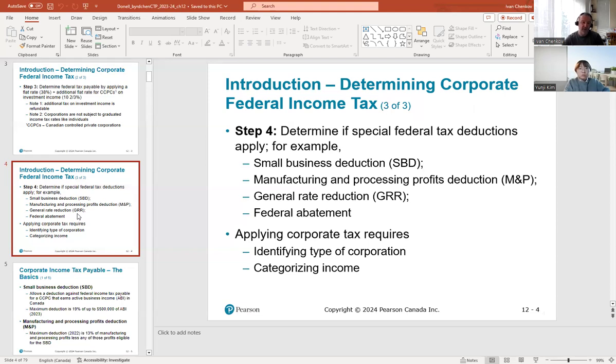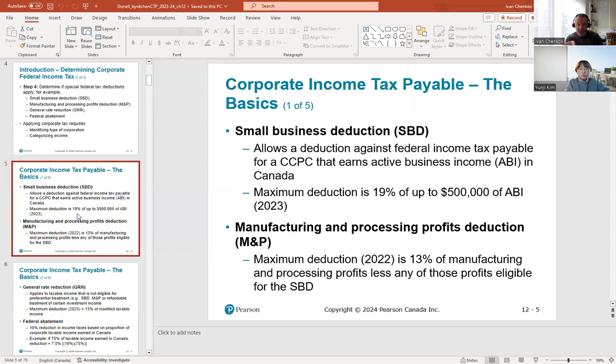And then we're going to apply the corporate tax, based on the corporation and the category of income. Now we come to the small business deduction, which Canada Revenue Agency allows against the federal income tax payable on the active business income.